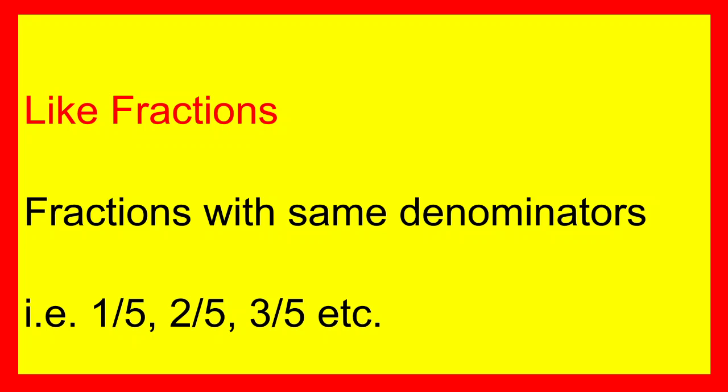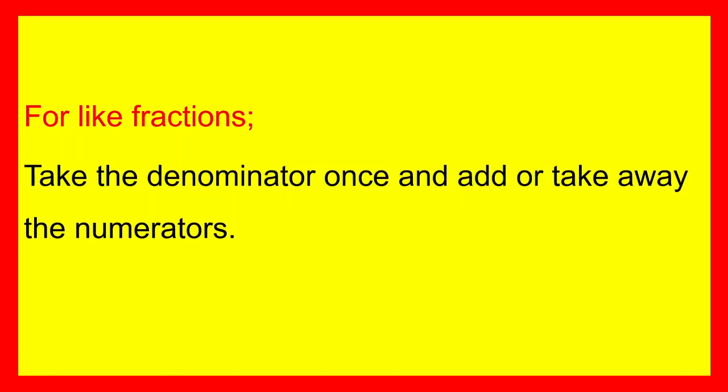And for like fractions, it is easy to add them and it is easy to take away. That's why we have started with this one. Okay, and the rule for like fractions is, we take the denominator once in our calculation and add or take away the numerators.